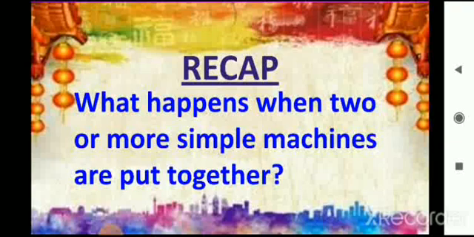In our first topic, we have already learned about the six simple machines, that is lever, pulley, wheel and axle, inclined plane, wedge, screw, right? So, I'm asking the question, what happens when two or more simple machines are put together? What will happen?